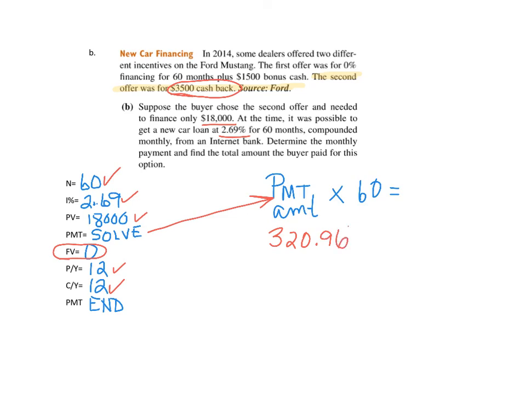And we're going to multiply that amount times 60. And the total amount they repaid then is $19,257.60, but keep in mind that they still got the $3,500 cash back.